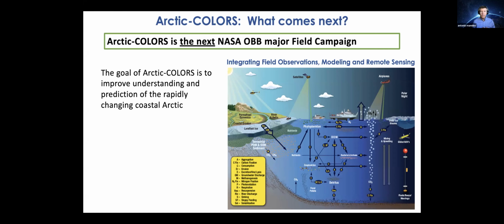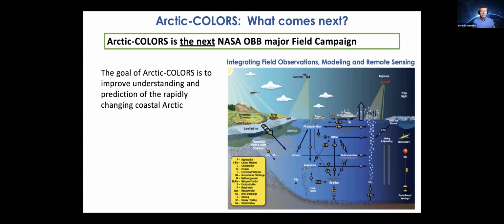They just completed their second field cruise this past spring, and so they are working on their data analysis, and then the EXPORTS team will be proceeding to a data, model, remote sensing synthesis activity in the coming years. So when that concludes, Arctic Colors is next in line in the NASA OBB planning for a large field campaign.